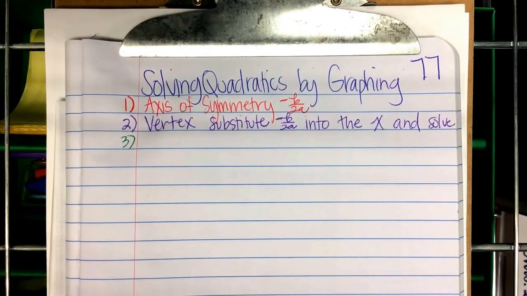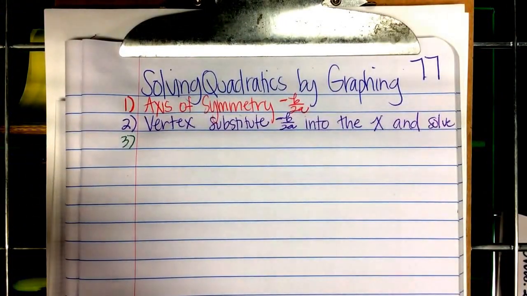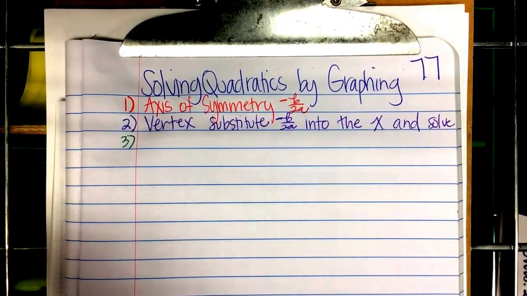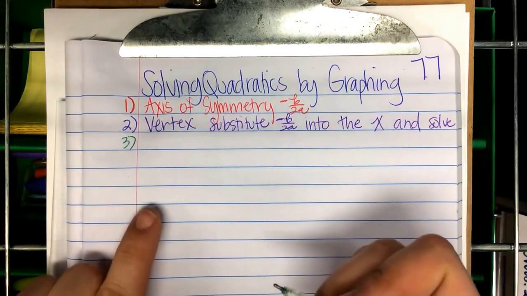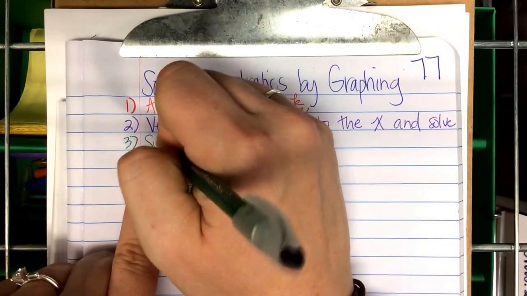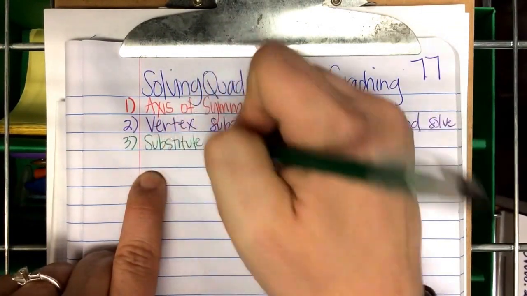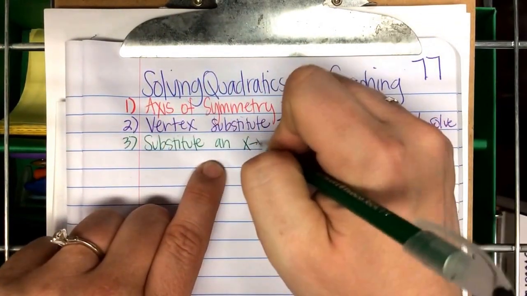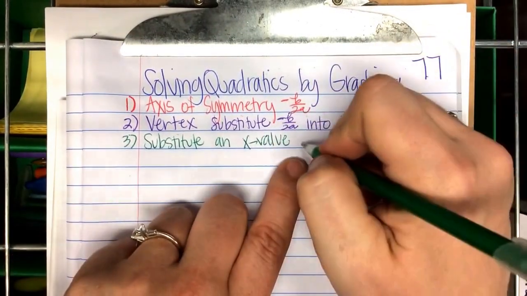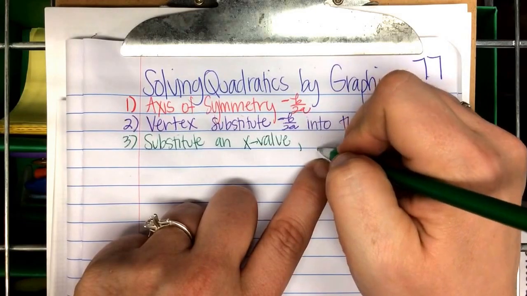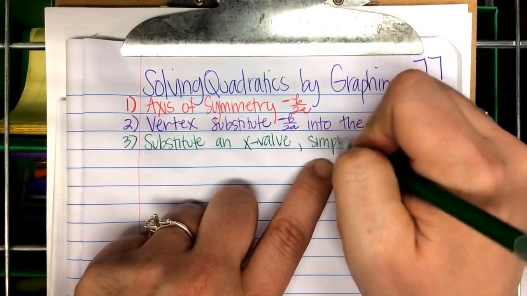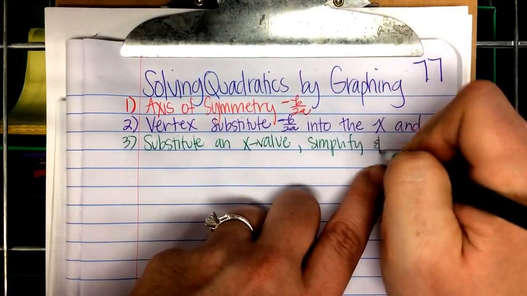Step 3, who can remember step 3 for graphing a quadratic? Arlo? We'll say substitute an x value, simplify, and graph.